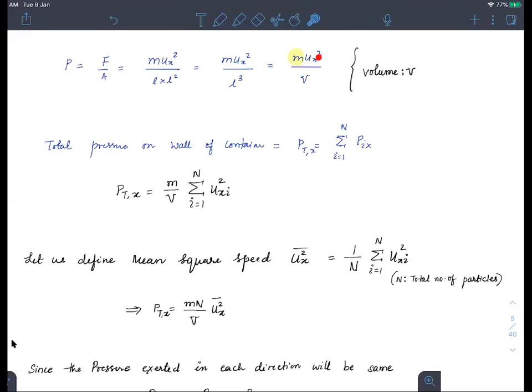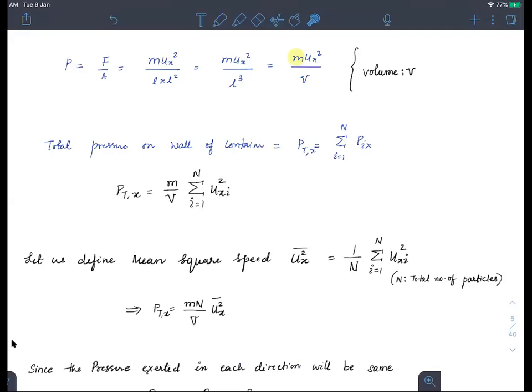What does this ux square mean? It is the speed of the particle in x direction, and this is about one particle. Suppose you have n number of particles, every particle will give a certain amount of pressure. The total pressure will be the sum of all of that.